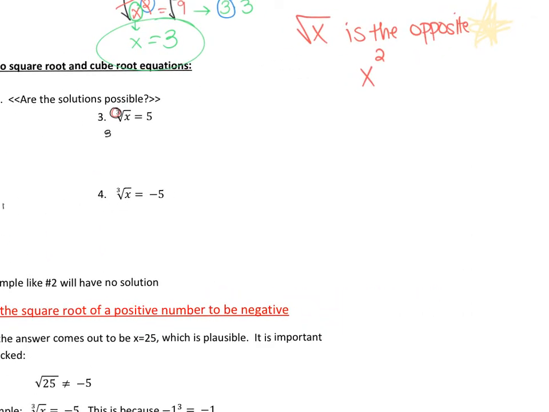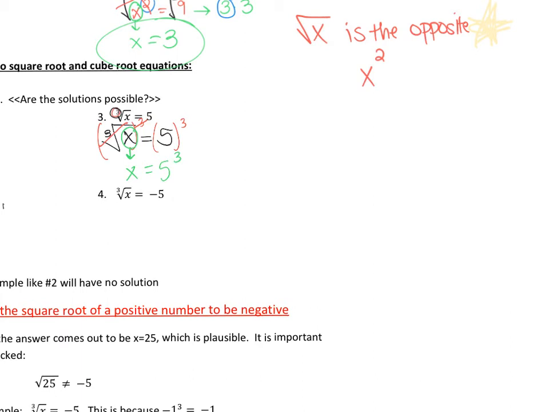So I have the cubed root of x equals 5. Now, instead of squaring both sides, I need to cube both sides. So this cubed root radical and this cubed root power cancel out. And whatever is under that radical plops out by itself, okay? And now what I have left is x equals 5 cubed.